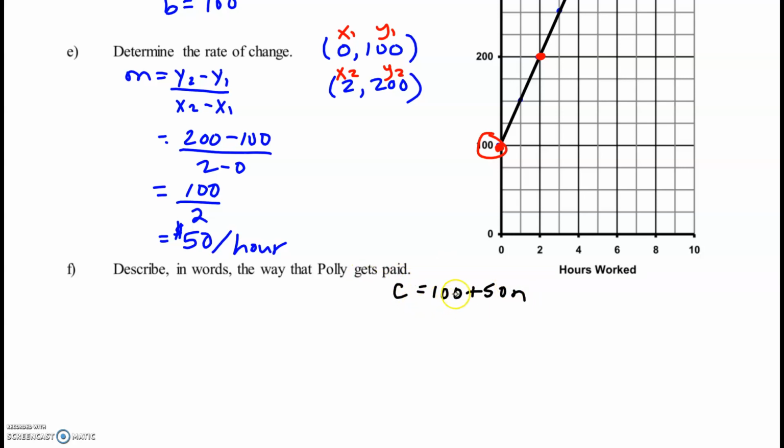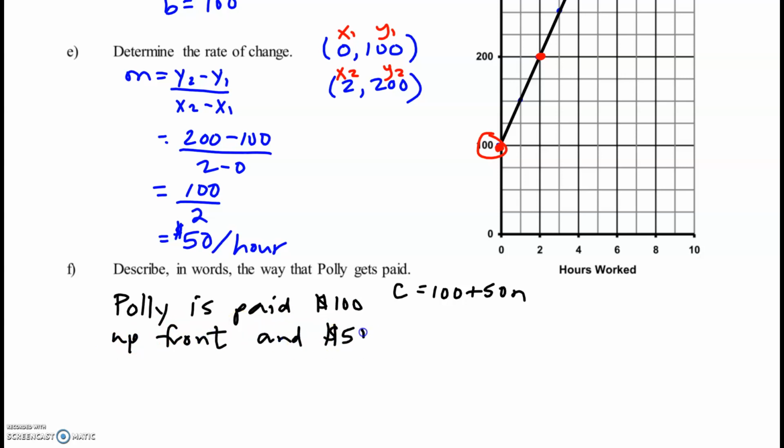So I can see that Polly is going to get that $100 up front. So Polly is paid $100 up front and $50 every hour.